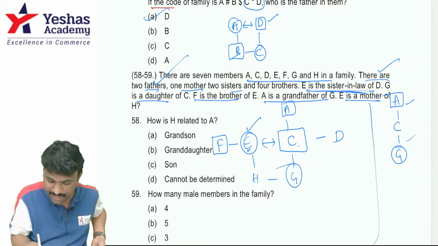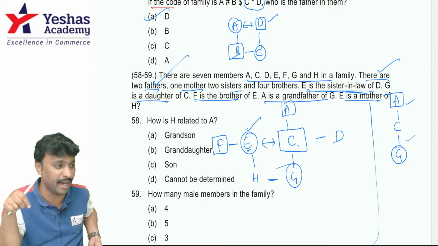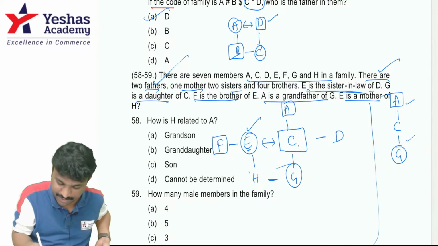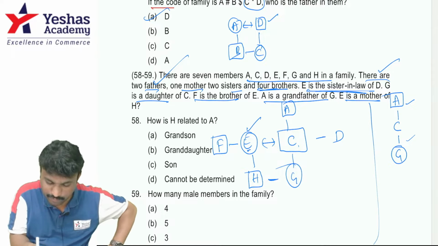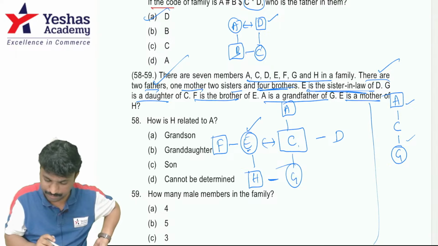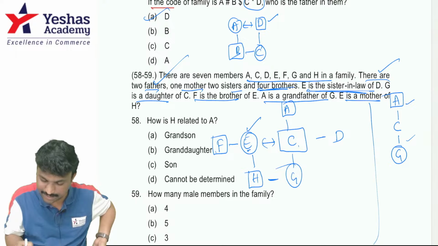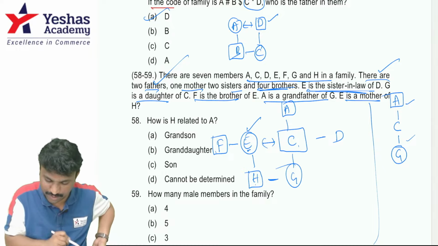So definitely G and H are siblings. If two sisters, definitely E and G they are. If H is also a female, there will be three sisters. That means H has to be a male. Now, how many brothers here? Four brothers. Who are those four brothers? F is a brother to E. Then C is a brother to D. And H is a brother to someone.